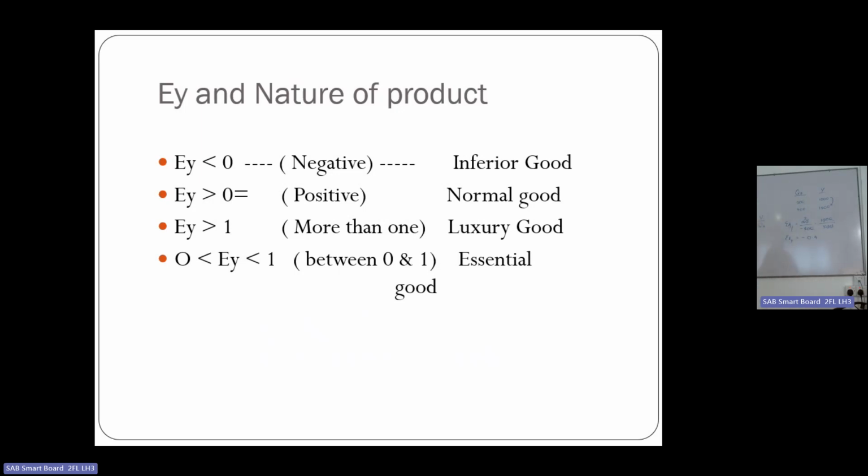So by looking at the income elasticity coefficient, we can define the goods: whether it's an inferior good, a normal good, a luxury good, or an essential or necessary good. That is very important.